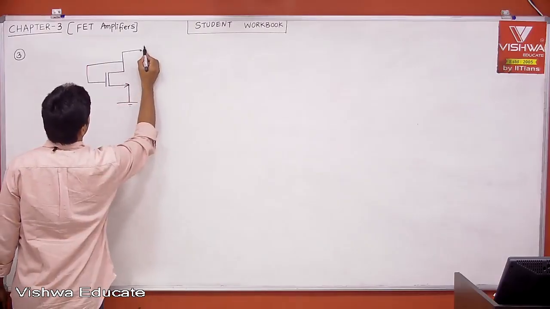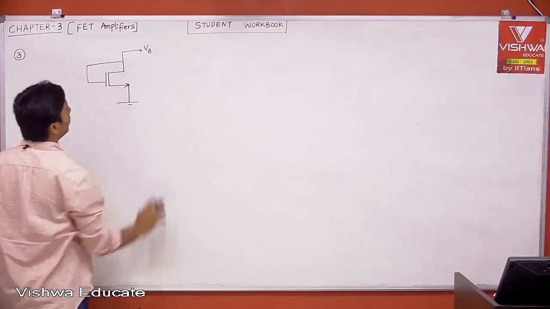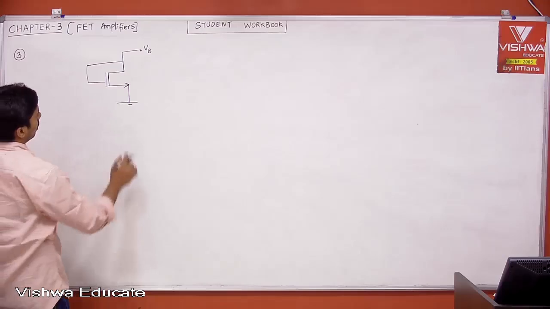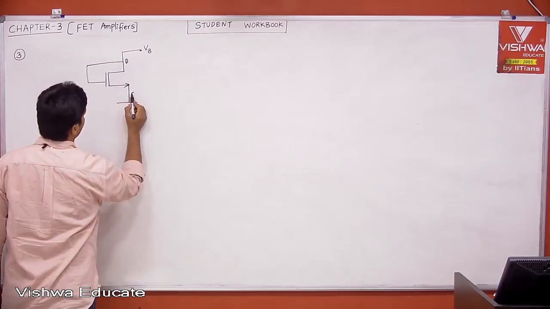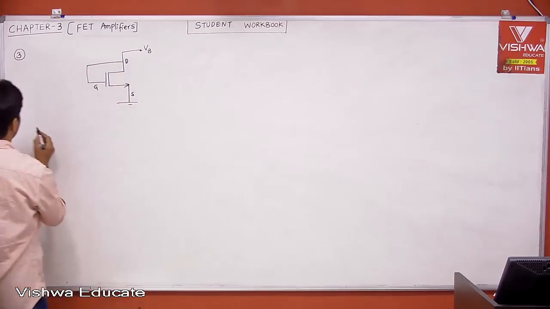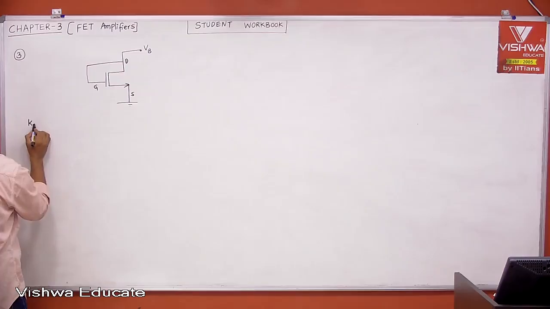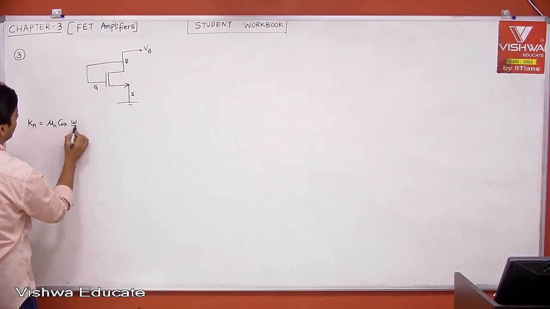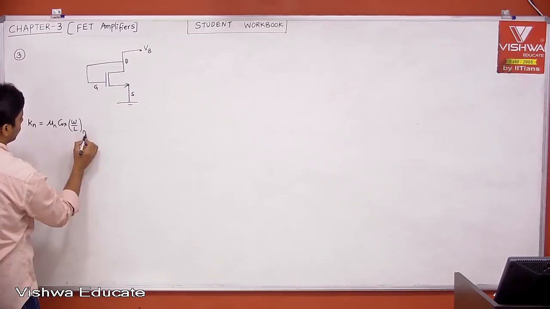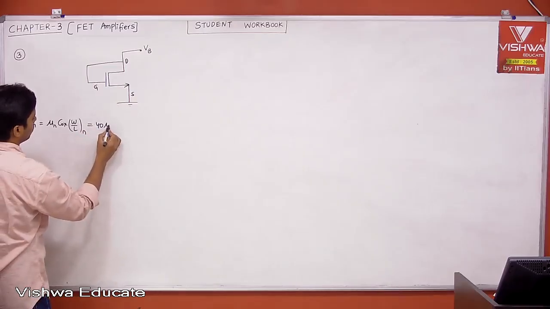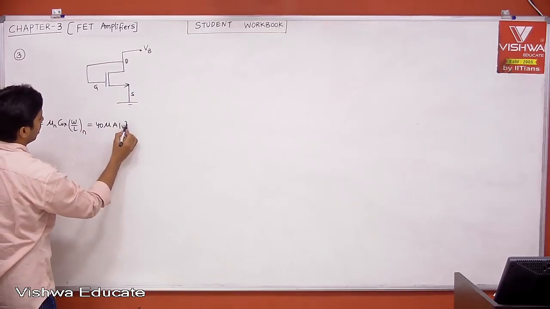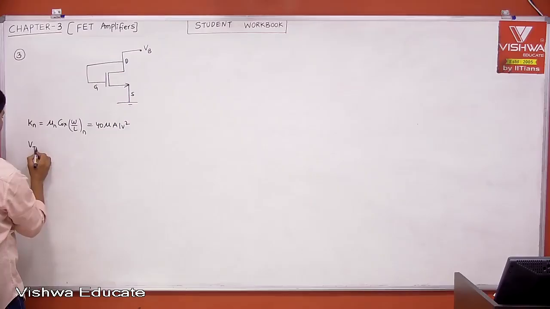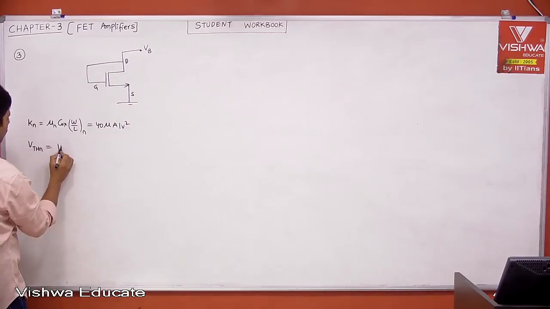Therefore, this is bias VB, right? Now, this is drain, source, gate, NMOS, right? Given Kn is nothing but mu n Cox W by L of NMOS. This is given, which is 40 microampere per volt square, and threshold voltage VTHN is equal to 1 volt.